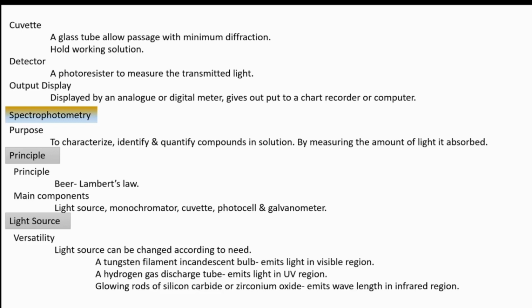And if we want infrared light, then we need to use glowing rods of silicon carbide or zirconium oxide to emit that infrared light. So there's a difference. This is the advantage over other apparatus. Here we can select the light source depending upon our need. Next slide.